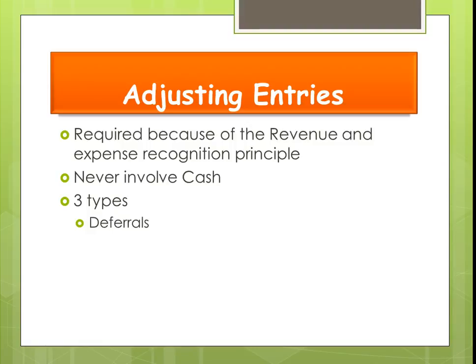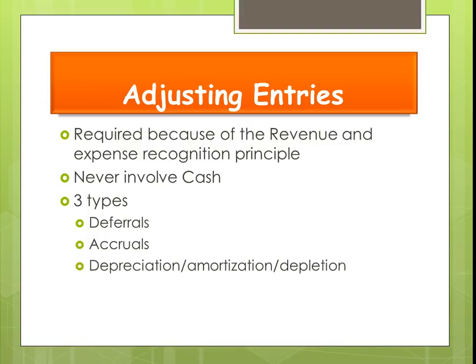If they're liabilities, we've earned it. Accruals. They're not on the books at all, so in that case we're going to put them on the balance sheet and put them on the income statement. Depreciation, amortization, depletion. Again, we look at our balance sheet to see if we have to allocate any of those assets over time as we consume them.